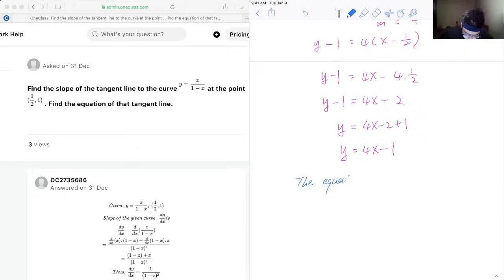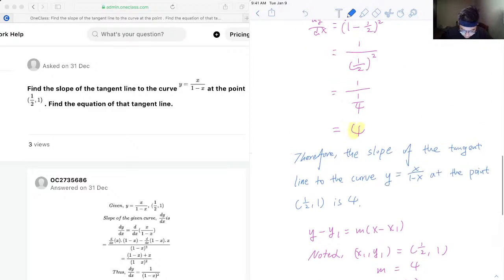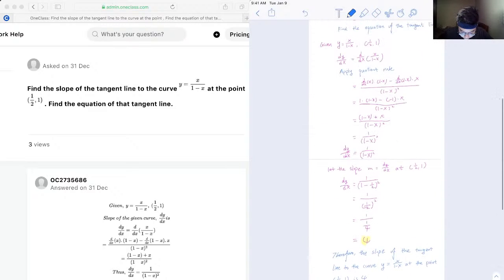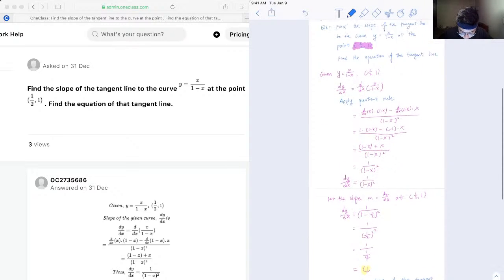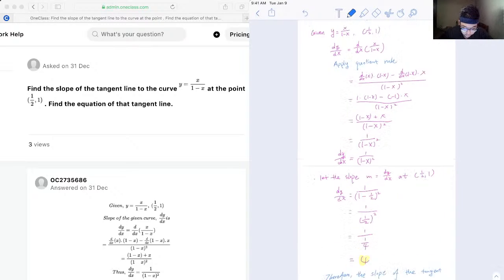The equation of the tangent line is y is equal to 4x minus 1. Yep, so that's what we have for this question.